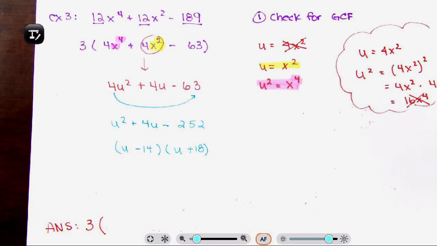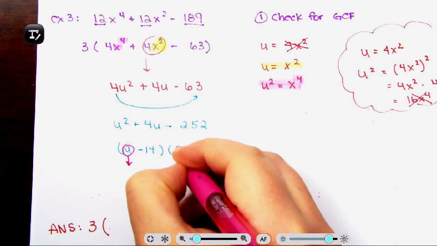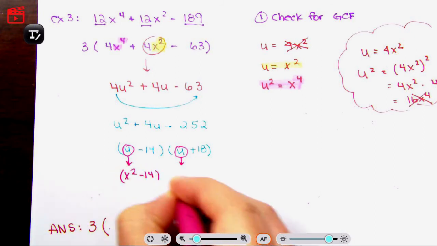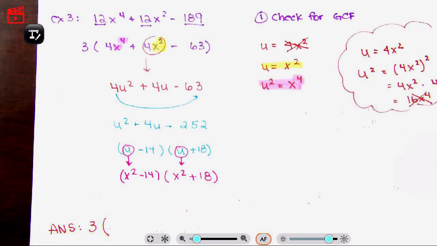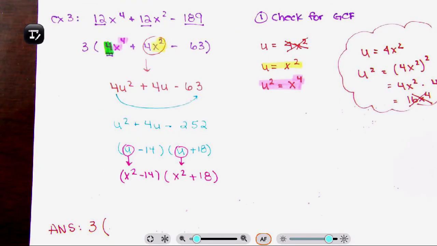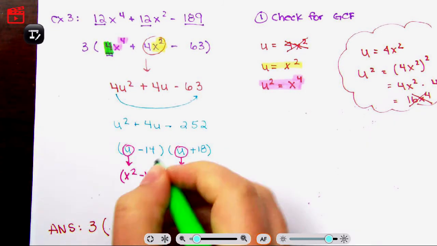Now we have to go back in and redo the substitution that we did. So u was x squared. So I have x squared minus 14 and I have x squared plus 18. Now you're not done. Remember, with the slip and divide, you're taking your original coefficient on your highest term, your leading coefficient, and you're going to put that underneath your factors here.